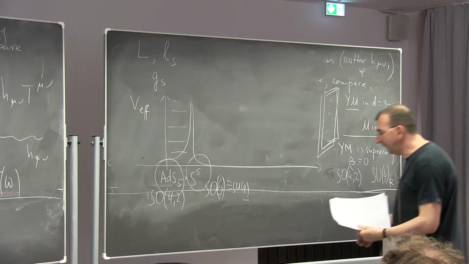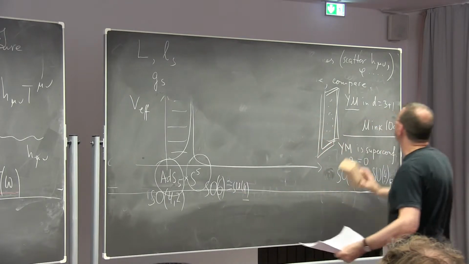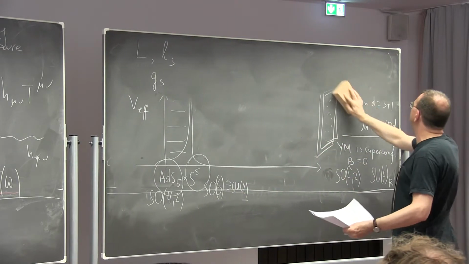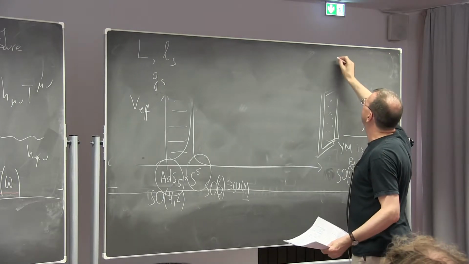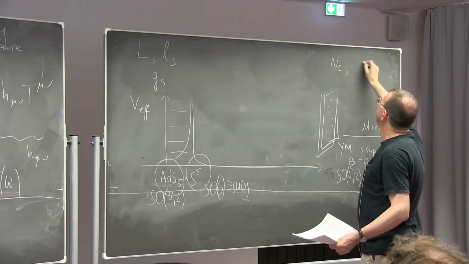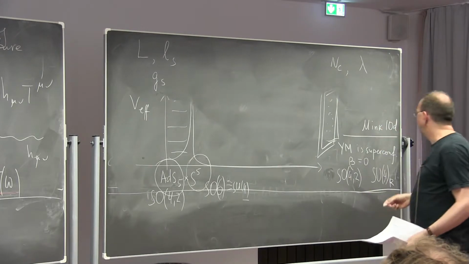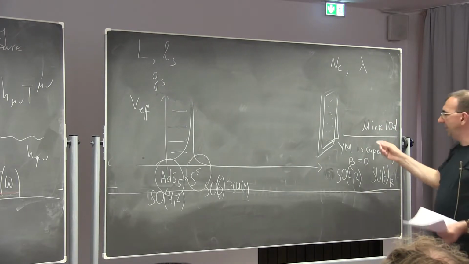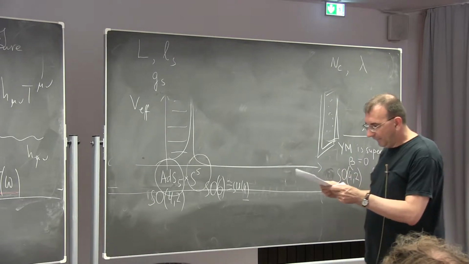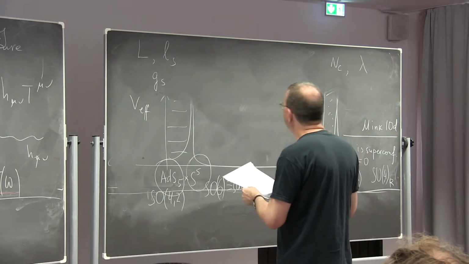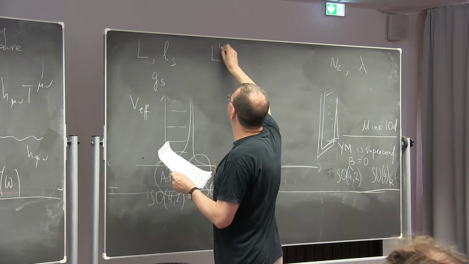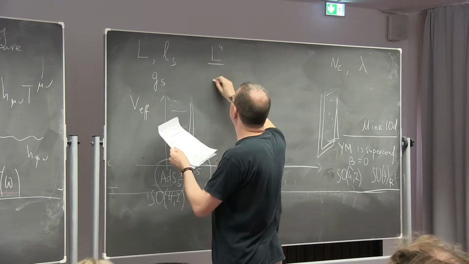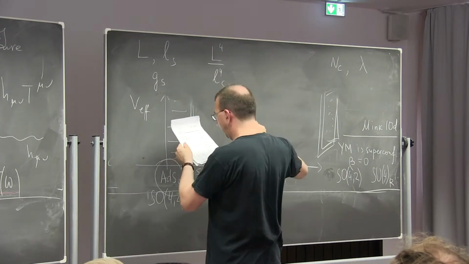Now, how about the Yang-Mills parameters? We already have them. We had the number of colors NC, and then we introduced the 't Hooft coupling out of this NC and G Yang-Mills. So one can match these parameters, and I will write down equations which involve all of them.